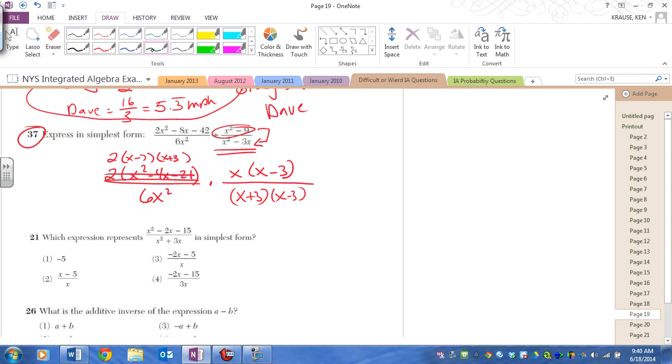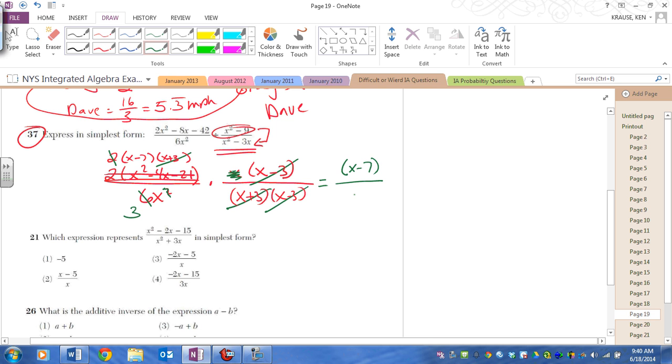All right, changing times. X minus 3, X minus 3, X plus 3, X plus 3. And this X cancels with one of those X's. This 2 goes in here 3 times. So all is said and done, in the numerator, I have an X minus 7. And in the denominator, I have 3.